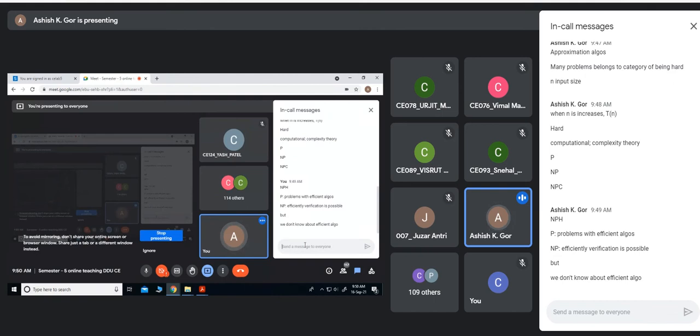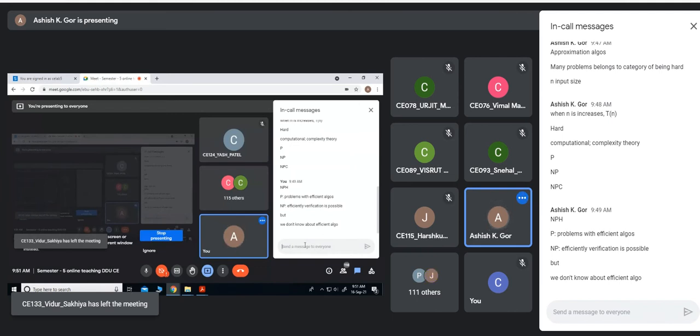So if you are given an answer for a vertex cover, you can quickly check from the graph whether this is really a vertex cover or not. Vertex cover we already discussed, right? But to find a vertex cover in general is a difficult thing. So those belong to the category NP.